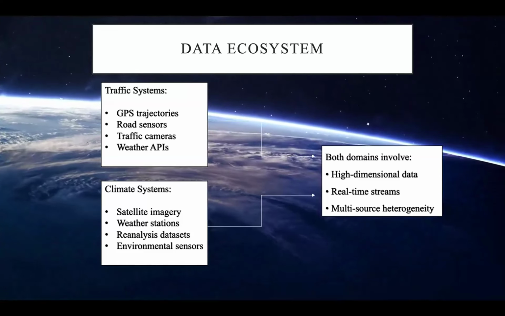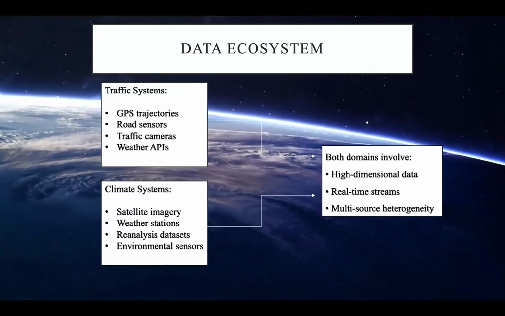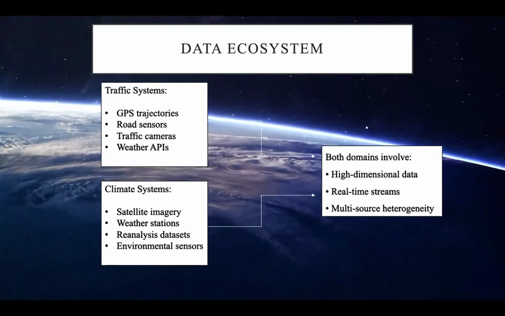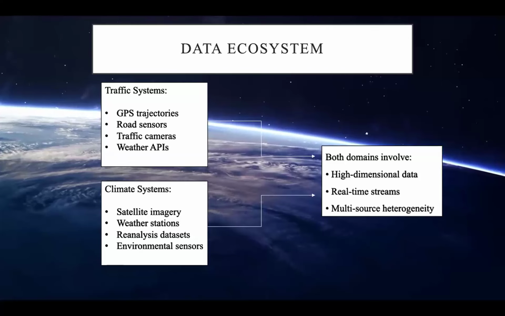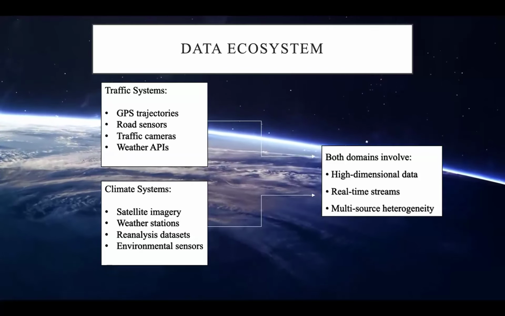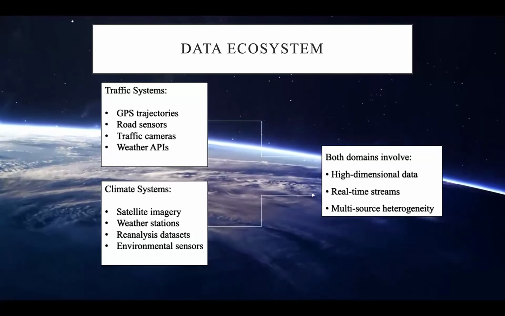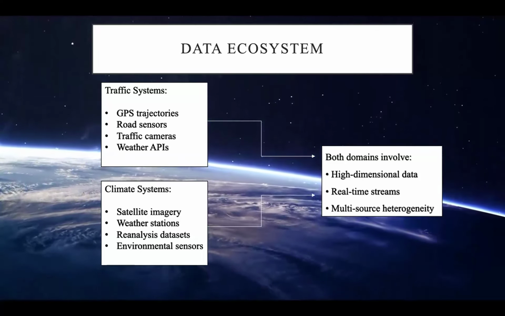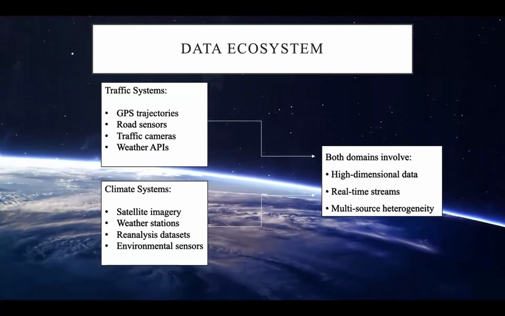For climate systems, we usually rely on satellite imagery, weather stations, reanalysis datasets, and environmental sensors. Despite the domain differences, both involve high-dimensional data, real-time or long-term streams, and multi-source heterogeneity, making unified modeling extremely challenging. These are the unified challenges between the two.